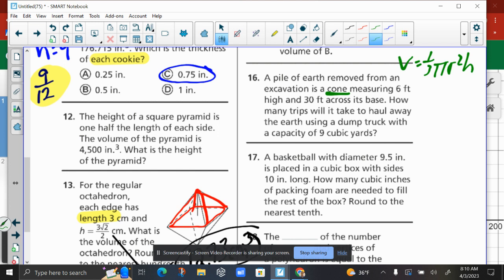So after we solve that, r, 30 across its base, we got to cut that in half. So this is where they try to trick you. The radius is 15, half of 30. So 1/3 pi 15 squared, and then h, it says the height is 6, so times 6.